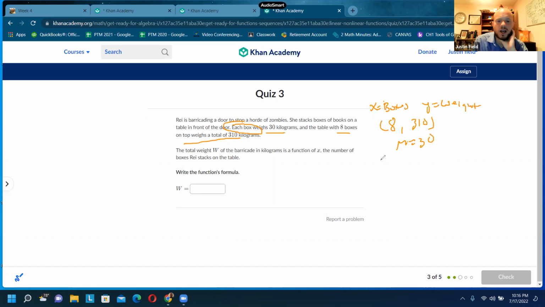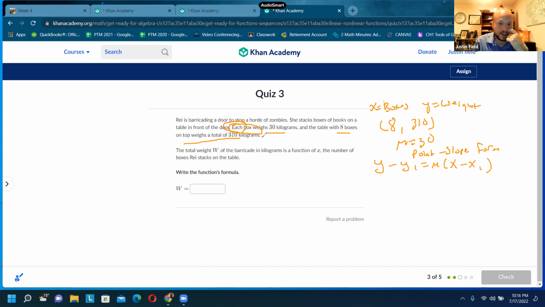All right, so now it's time for me to tell you about point slope form. y minus y1 equals m times (x minus x1), called point slope form. And so you'll need to recognize in these word problems what's given to you. So "each" was a slope word, and I could tell this is my slope.